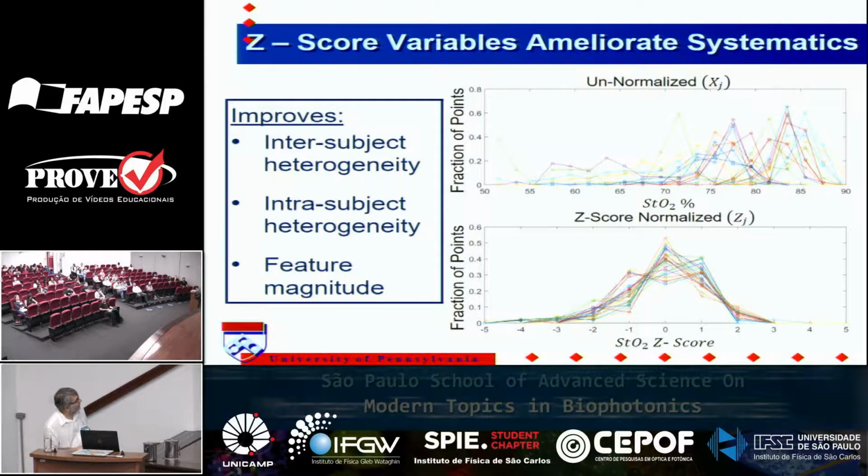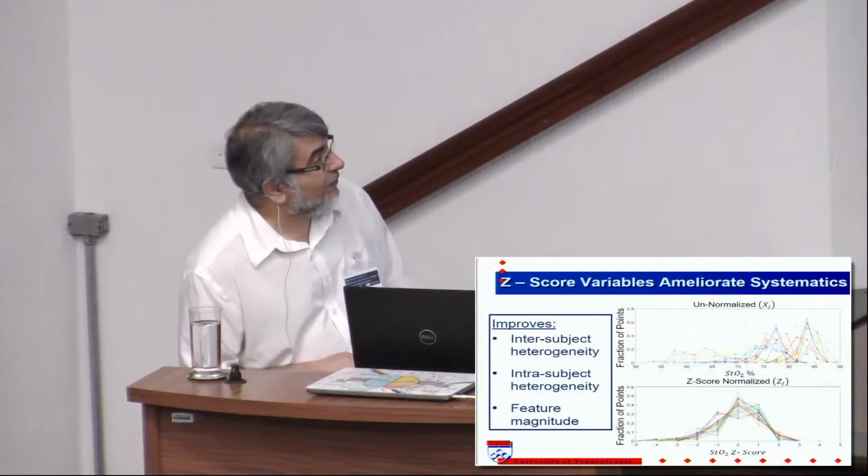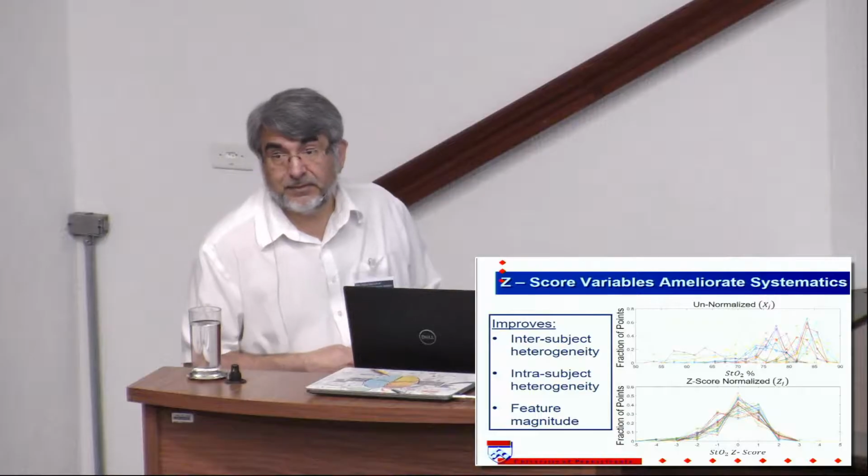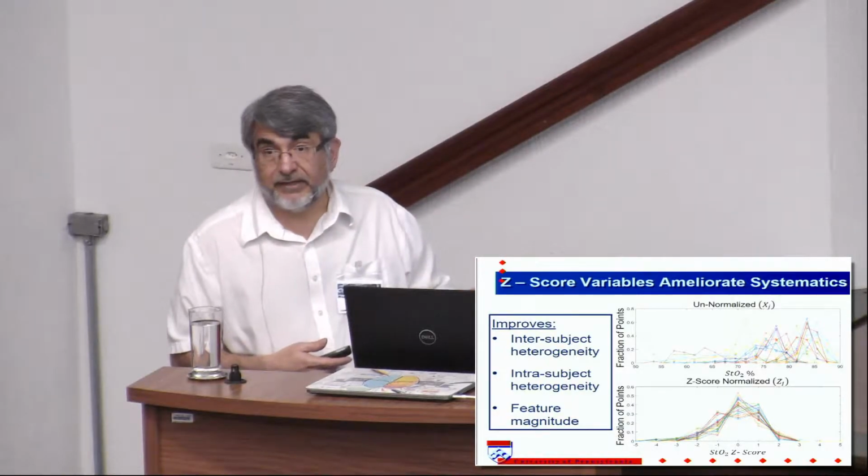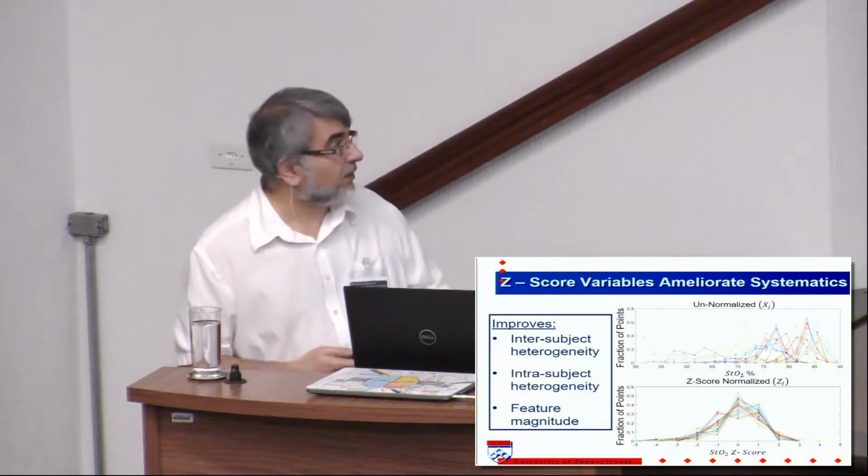But even within a patient, if you look at the distribution, it's pretty broadly distributed. So there's intersubject heterogeneity, there's intra-subject heterogeneity, and it might look like this for SDO2, but it might look like something different for scattering or for total hemoglobin concentration.